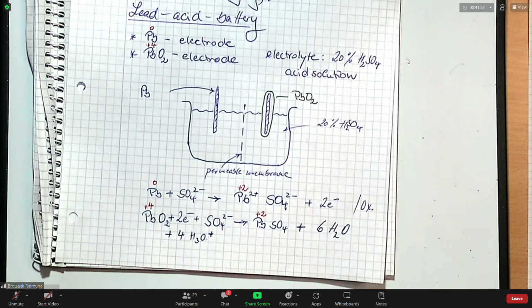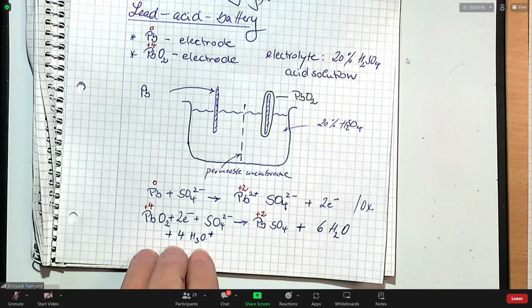If you calculate now, we have 4 plus 8, 12 H. So 6 times 2 is 12. And we have 4, 8, 10 O. We have 4 and 6, 10 O. Now it's fine. That is what we already learned.